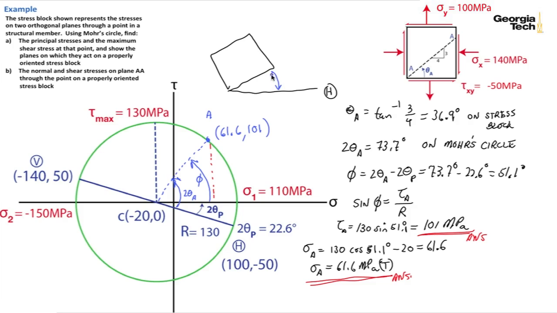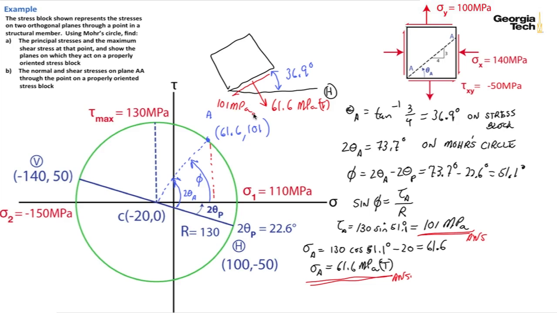And on that face, our stresses are 61.6 megapascals normal stress in tension. And we have 101 and it's positive, so that means it's going to be in a clockwise direction on our stress block. And so our shear stress on that face is 101 megapascals.